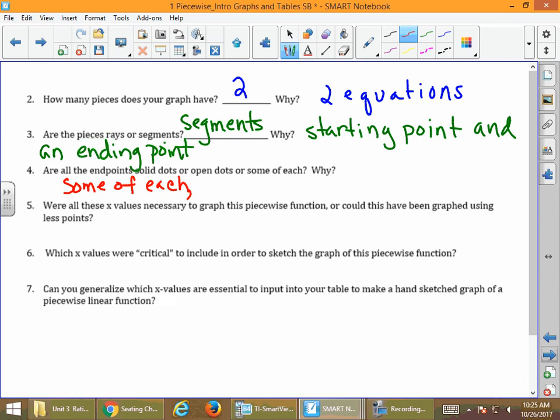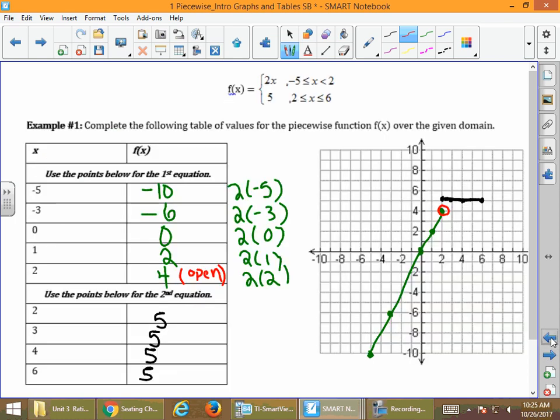And I'm going to put comma because there is an open dot. It's going to be hard for me to squeeze in at. In our ordered pair, there's an open dot at 2, 4.